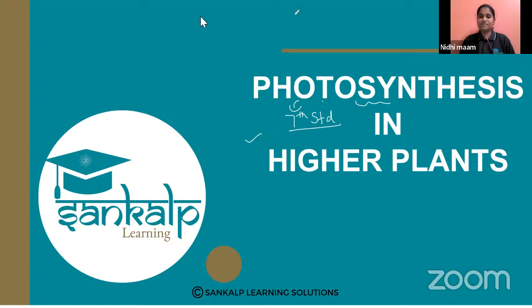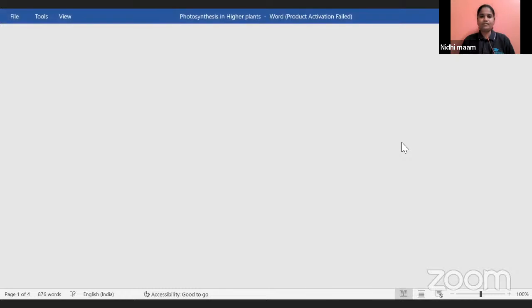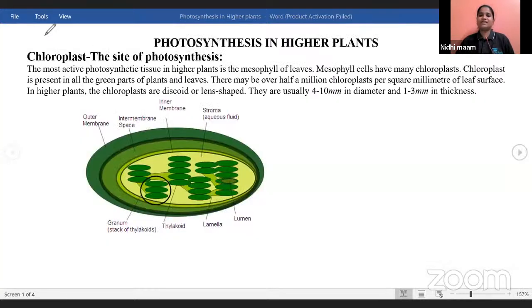Let me brush up some concepts first, then later we shall move on to the questions. First we are going to study an organelle where photosynthesis takes place. Which is that organelle? It is nothing but a chloroplast, right? The most active photosynthetic tissue in higher plants is the mesophyll of leaves.